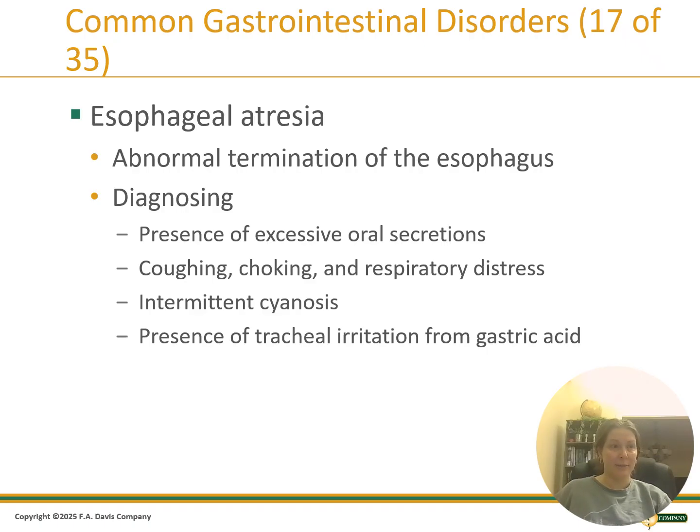We diagnose these by looking for the presence of excessive oral secretions, coughing, choking, any signs of respiratory distress, especially during feeding, intermittent cyanosis, and then tracheal irritation from that gastric acid. So our esophagus isn't terminating in the stomach. We have kind of a little runner going from our esophagus to our trachea. So that's what we're looking at here.